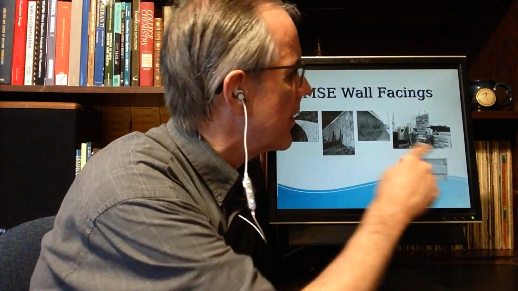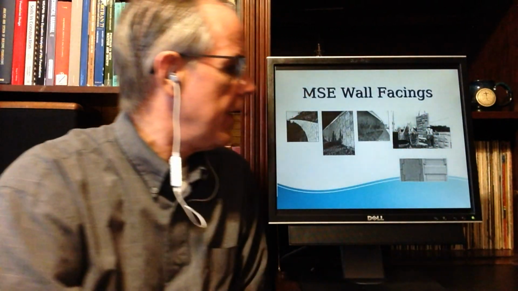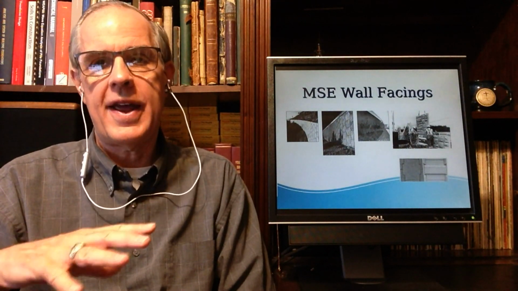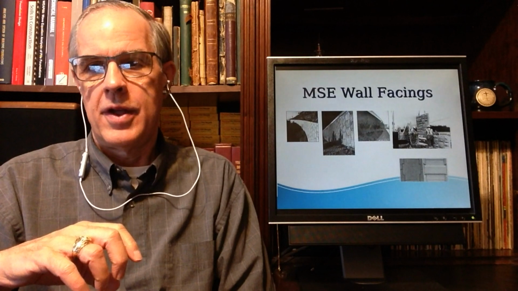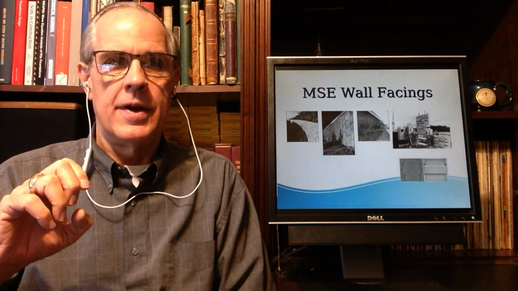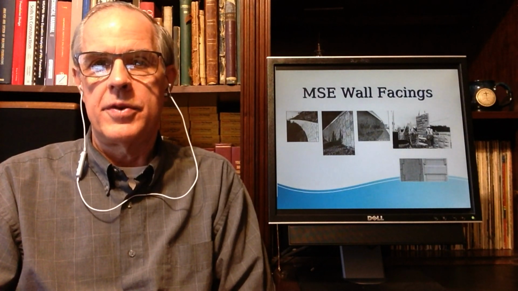Many of these facings are familiar looking to you. Notice, particularly over here, that you have a panel. MSE walls are not solid walls. They're stacked panels that are usually fitted together with some type of interlocking system to keep them together.